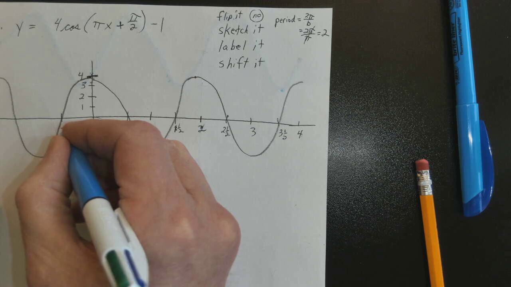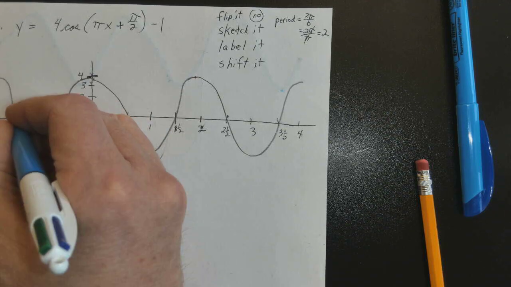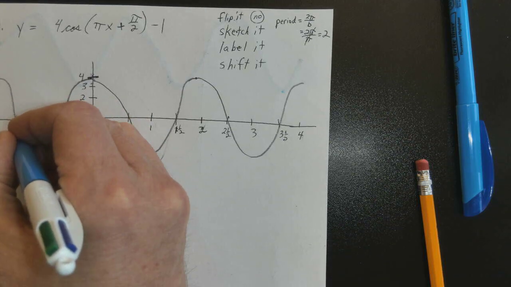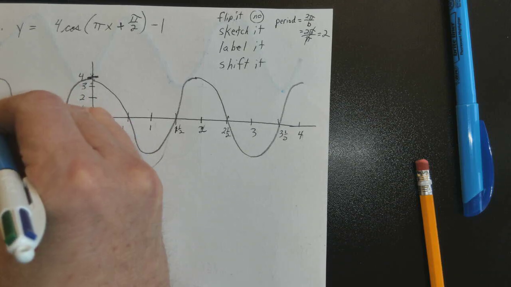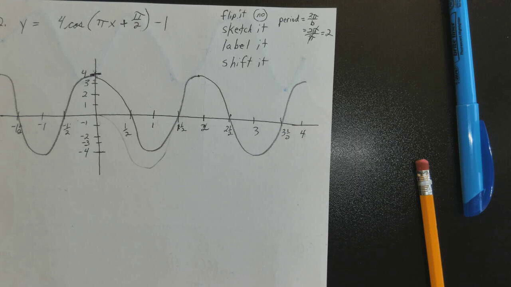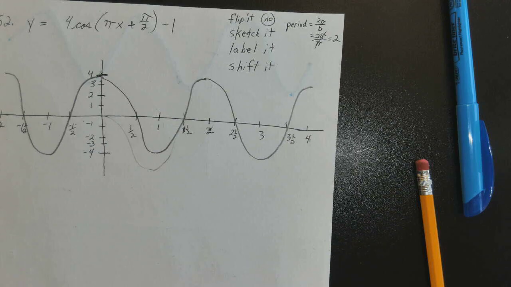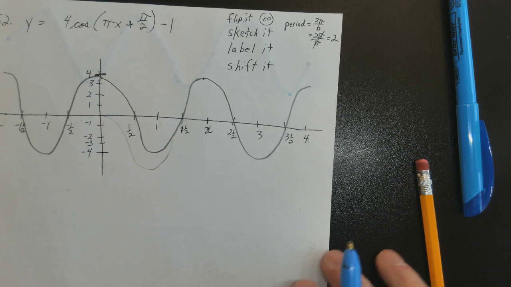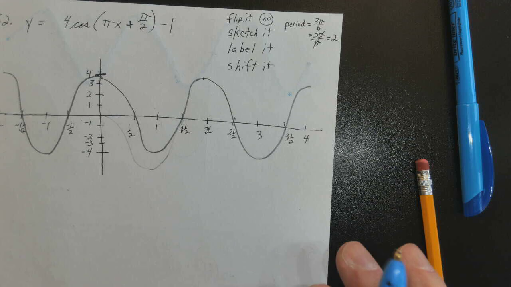That's -1/2, -1, -1 1/2, and -2. All right. We good there, guys? All right. So, got it labeled.